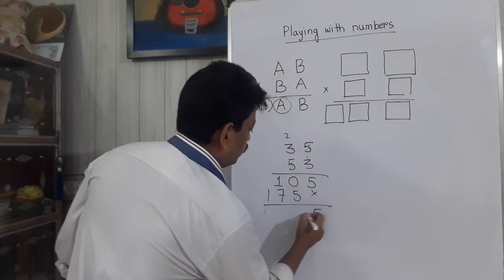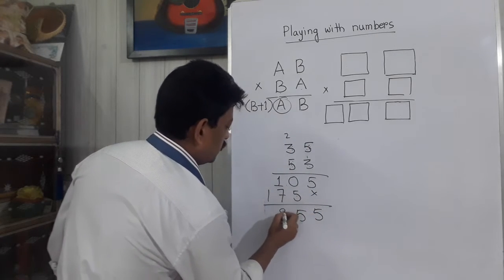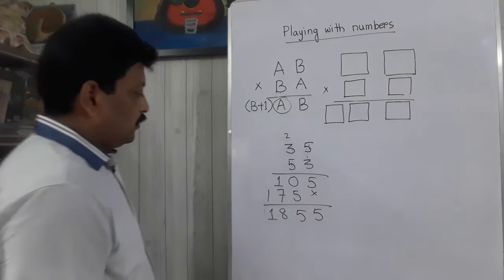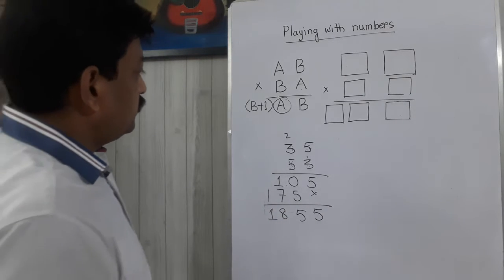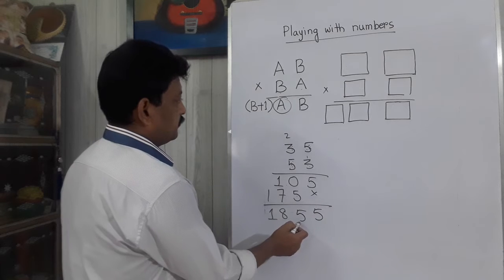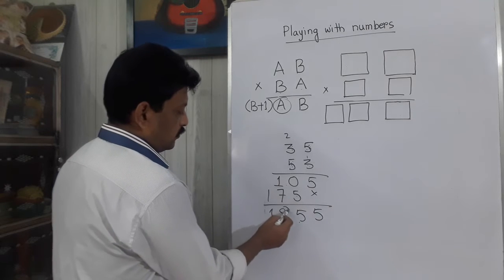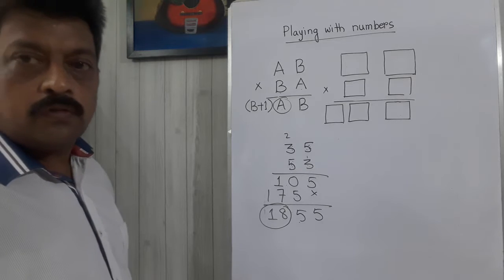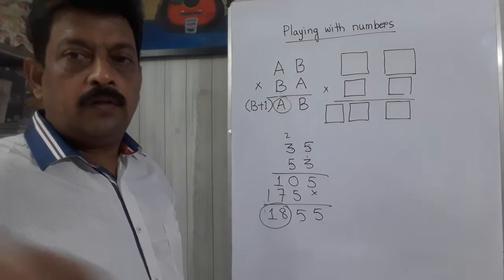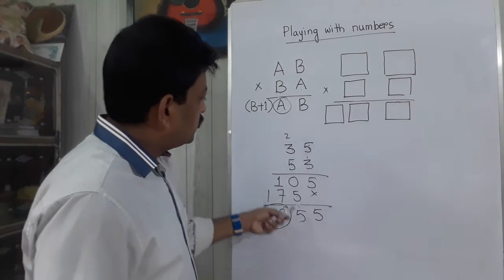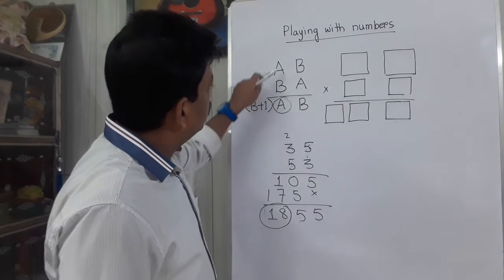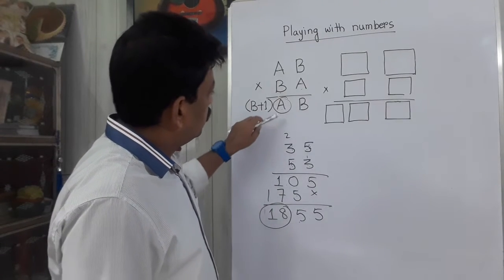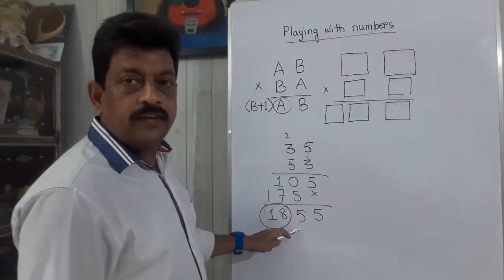So it is 5, it is 5, it is 8, it is 1. So is it matching? But here we are getting a 2-digit number. So this is also not the answer. In fact, this is also not matching. We have taken A as 3, so it should be 3, but we are getting 5.